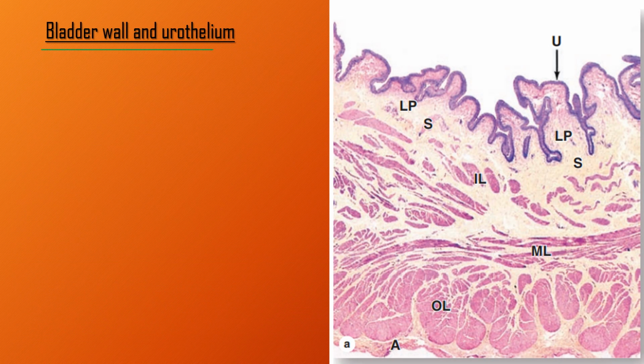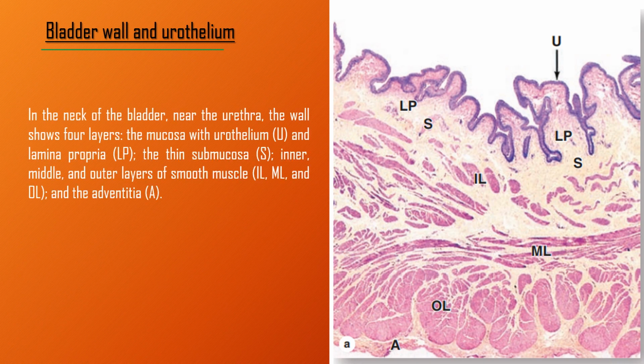Bladder wall and the urothelium. In the neck of the bladder, near the urethra, the wall shows four layers.